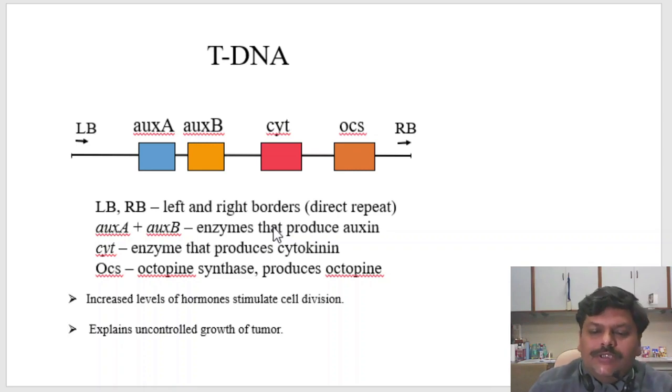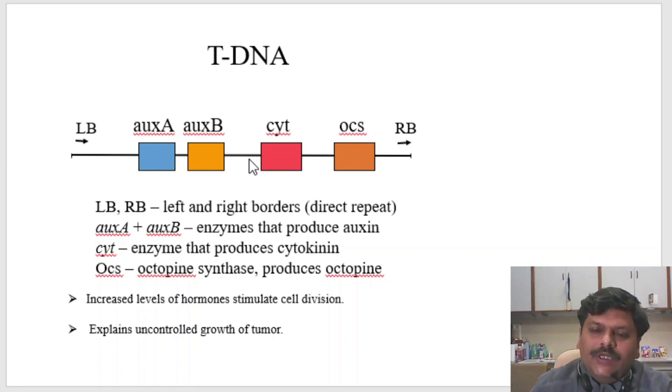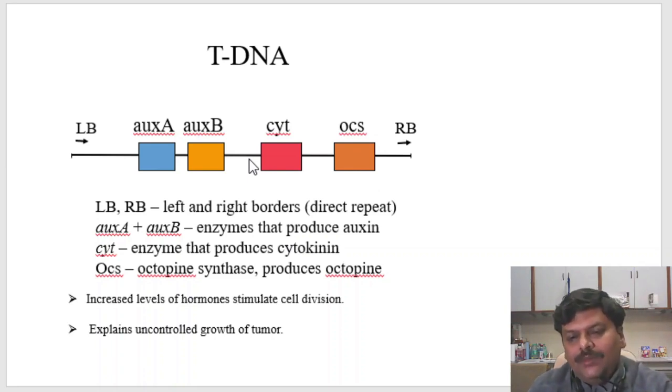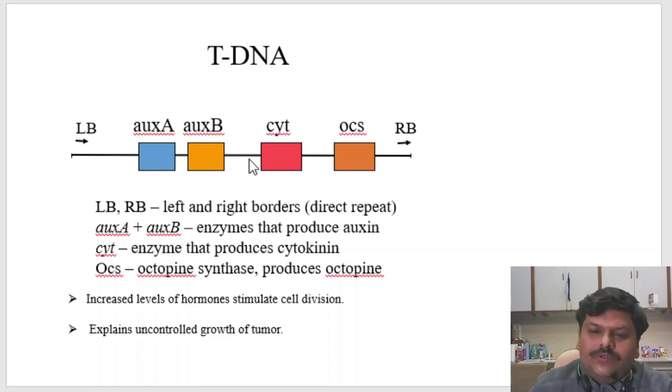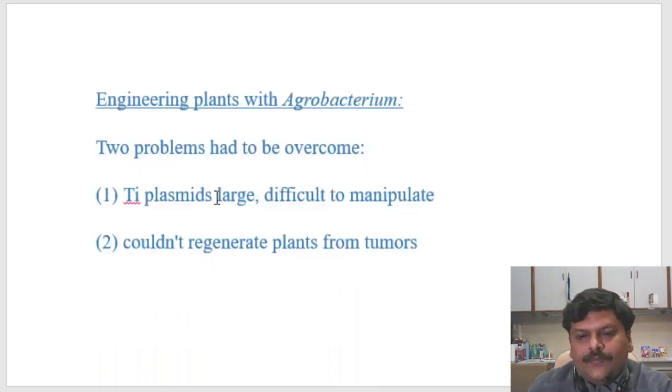So these genes start making more auxins, more cytokinin, and opines. The collective effect of more auxin and cytokinin is that the target cells start dividing, and then they make a cancer-like structure or unorganized mass of cells, which we call crown gall, which is visible near the crown region of plants, and this disease is called crown gall disease.